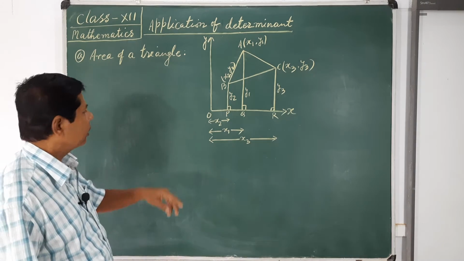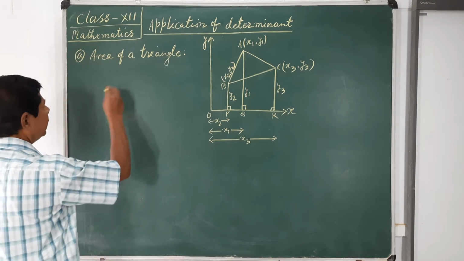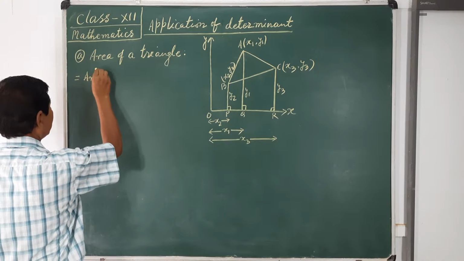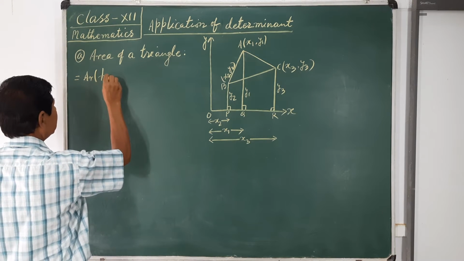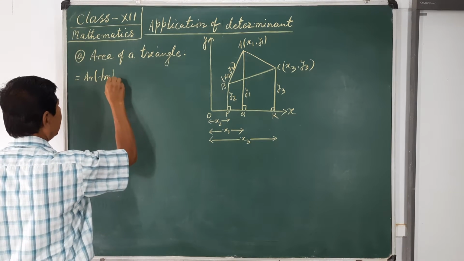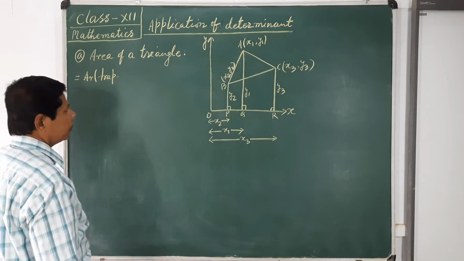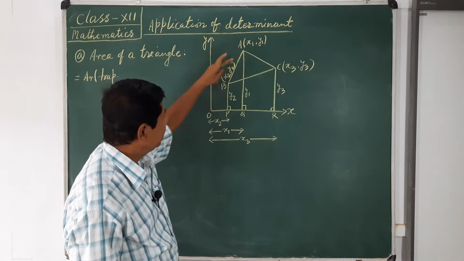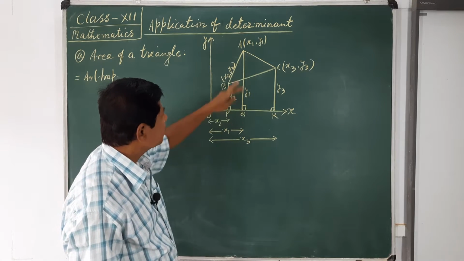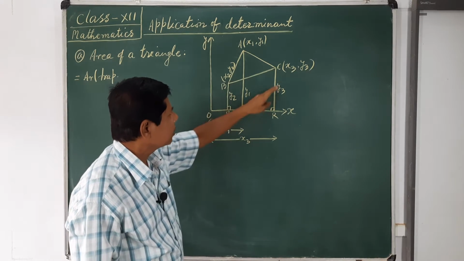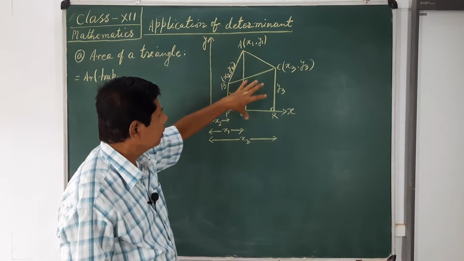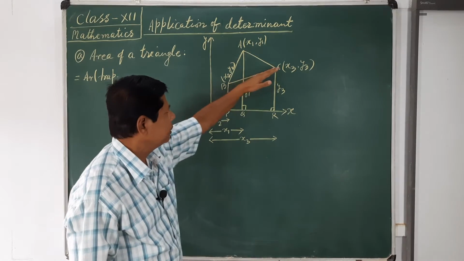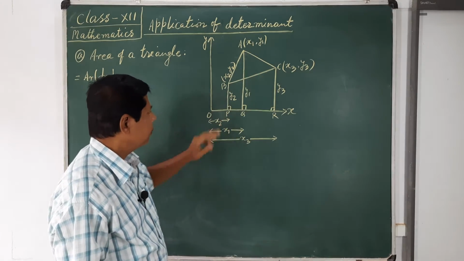Now, we can write area of triangle is equal to area of trapezium ABPQ plus AQRC. First, let us consider the whole figure, so the entire area will be considered. Thereafter, we shall subtract the trapezium BCRP.